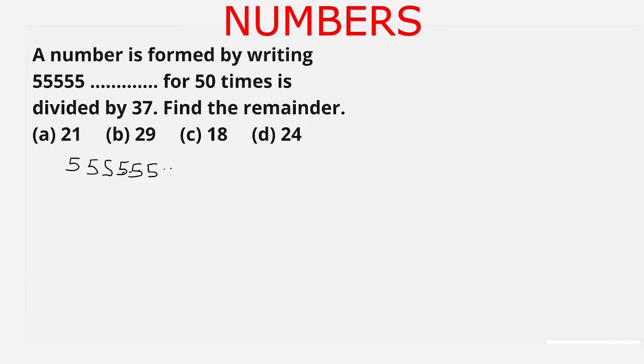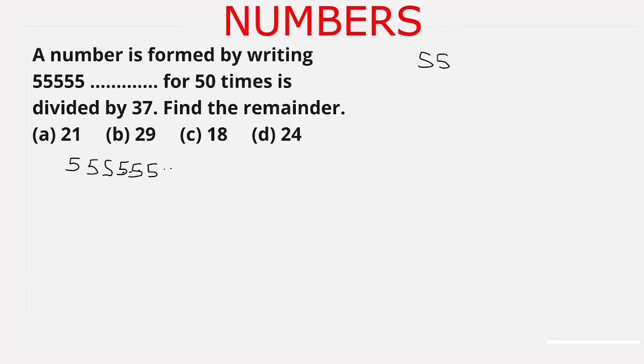So if this number is written for 48 times, then this will be divisible by 37. Then what will be the remainder? The remainder will be 55, as 48 times, then 2 times is 55.